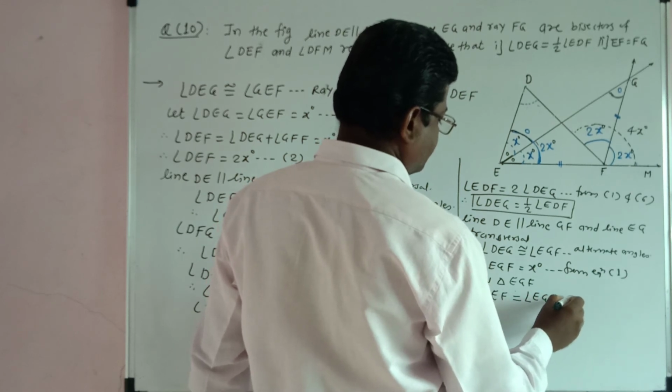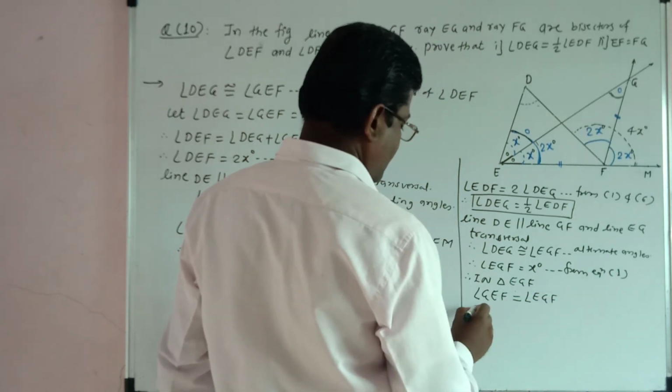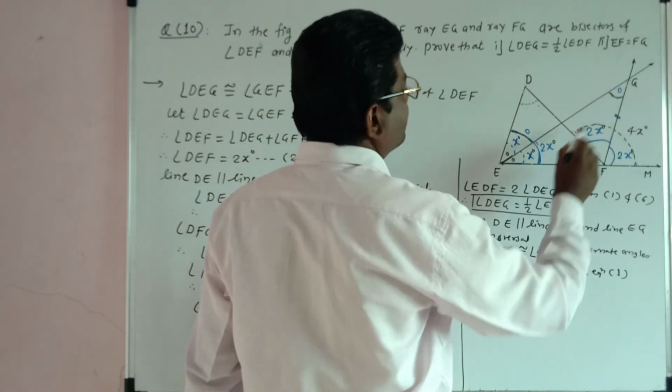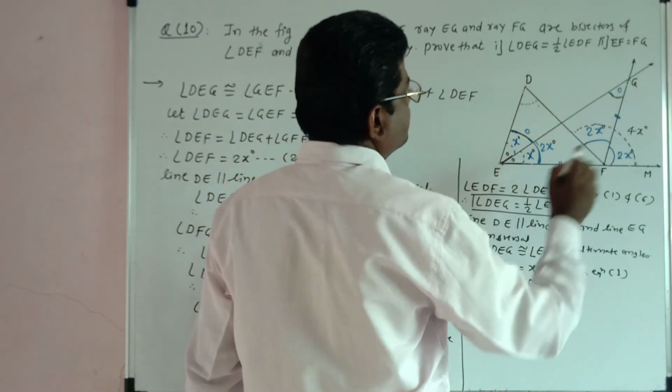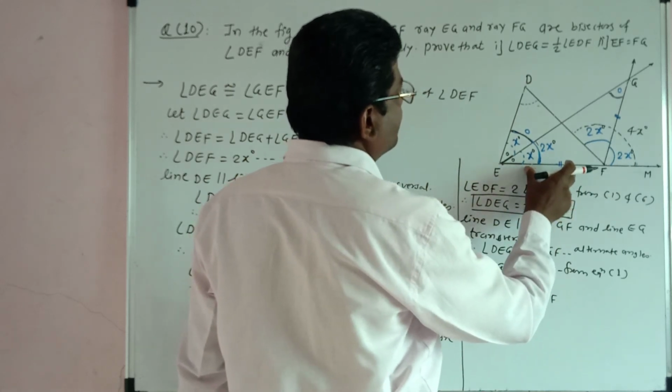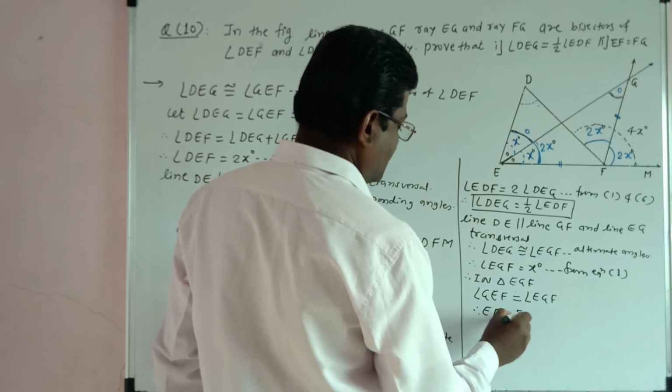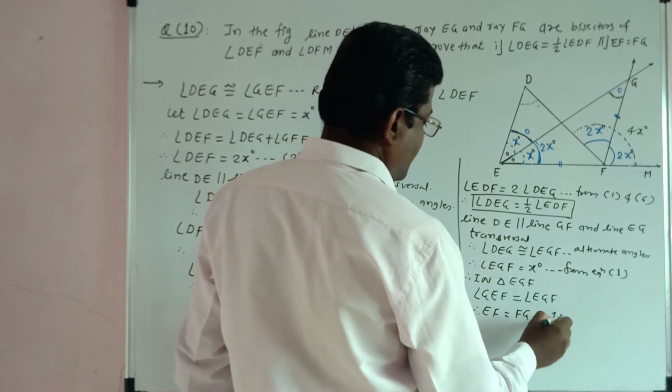Therefore, now side GF is equal to EF. Therefore, EF is equal to FG.